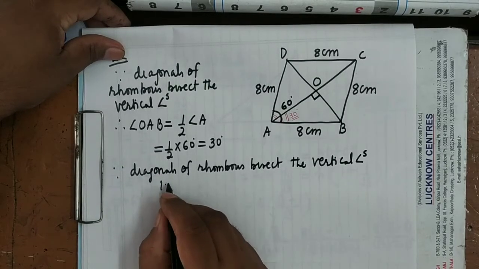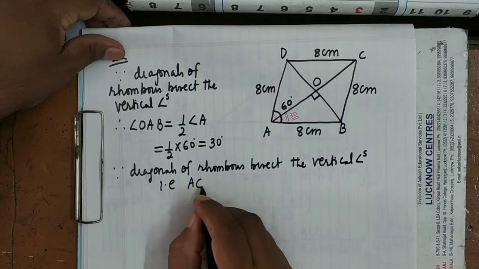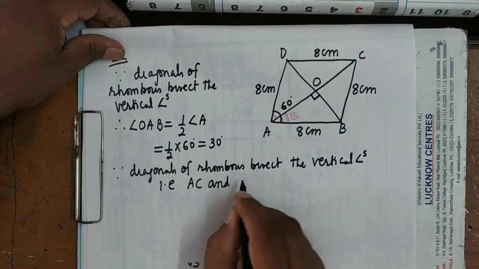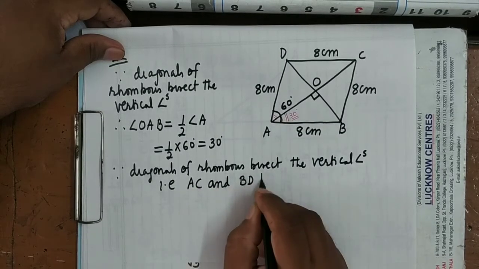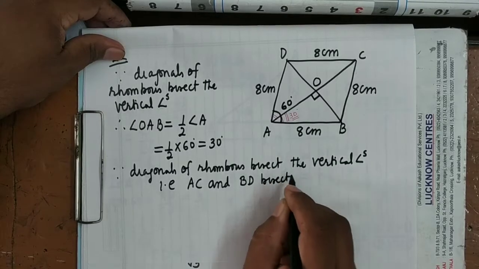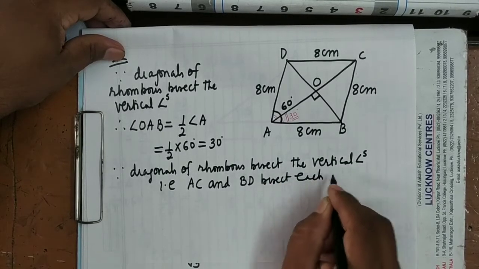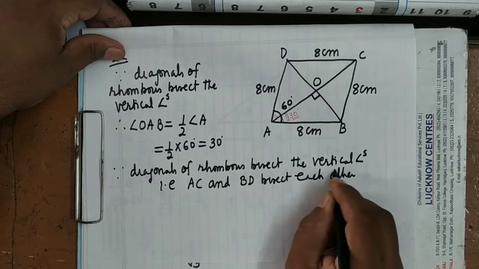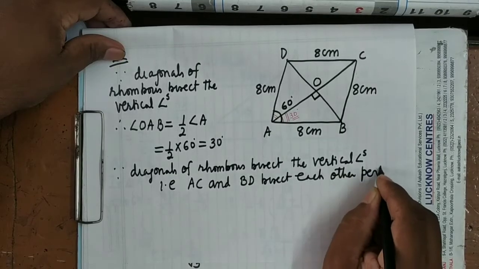That is, AC and BD bisect each other perpendicularly.